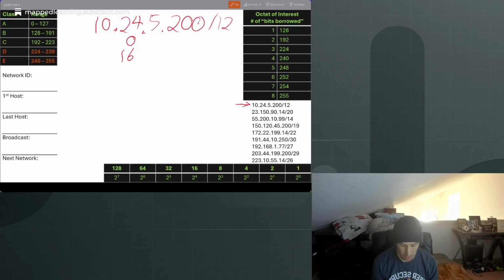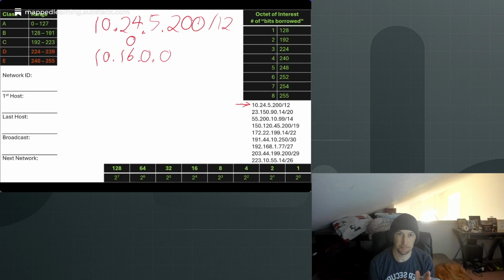So now we have our network, 10.16.0.0. Remember, octet of interest, everything to the left stays the same. Everything to the right turns to 0. We don't do that with the magic number octet because we already did. We added it to 0.